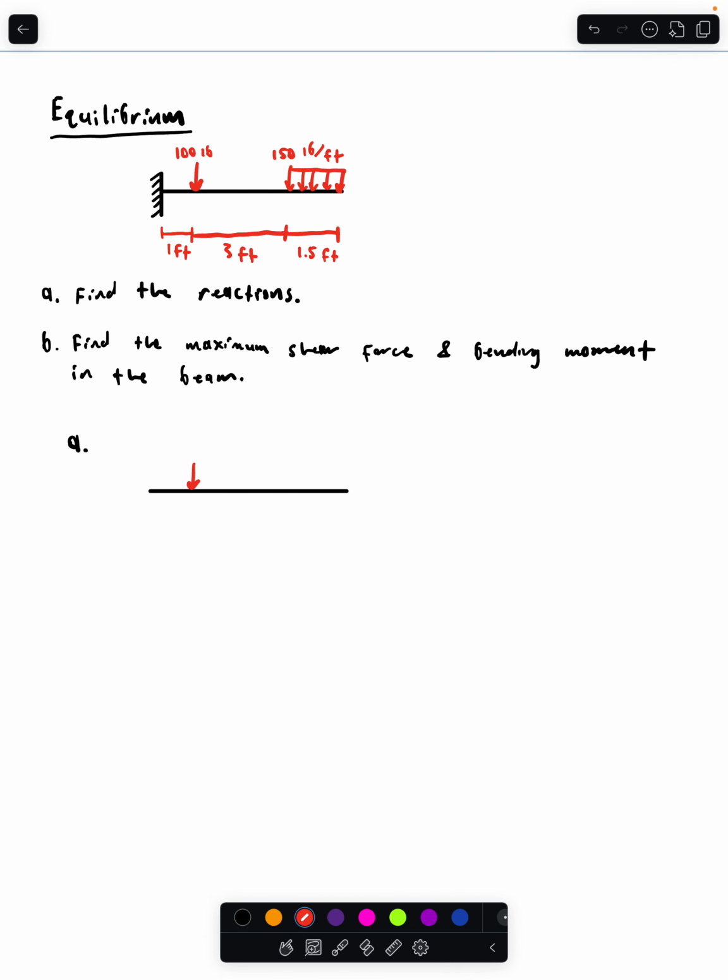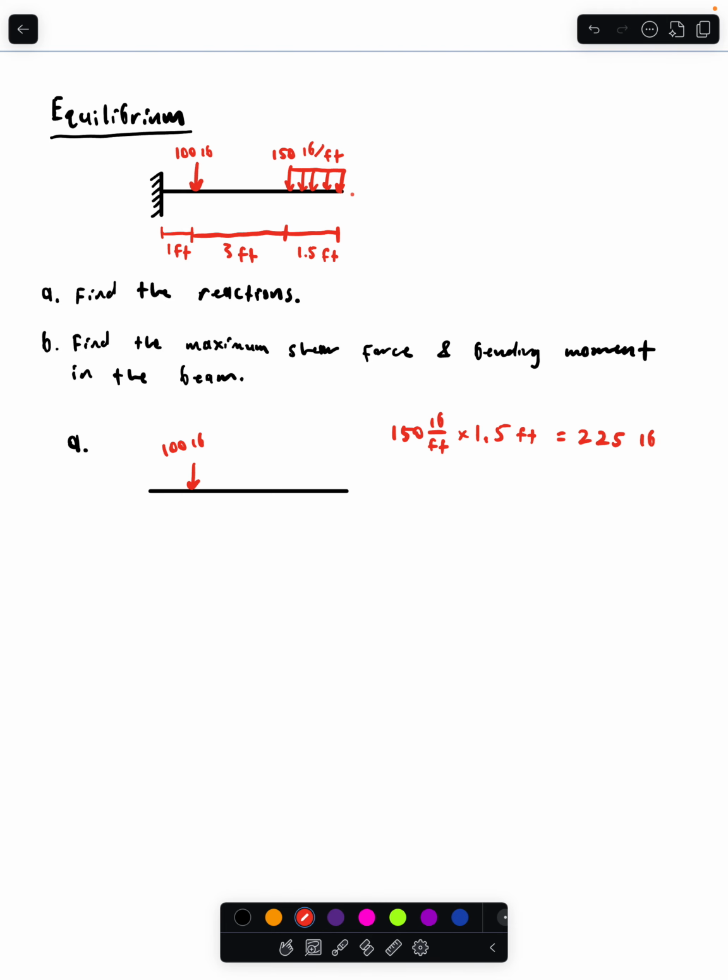So I'm going to just transfer over the loads. We have 100 pounds here, and we have 150 pounds per foot here. I'm going to go ahead and convert this into a point load, though, to make this calculation a little bit easier. We have 150 pounds a foot, and we have that for 1.5 feet. So we just multiply the 150 pounds a foot by 1.5 feet, and we get 225 pounds.